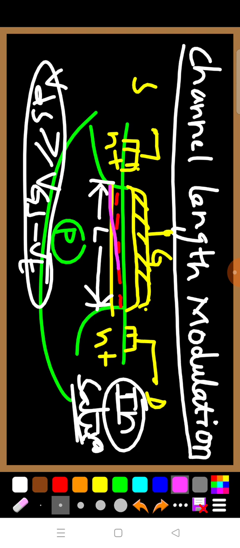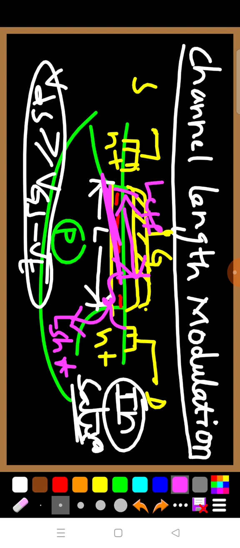Let us consider the pinched off length of the channel is L short. The remaining length of the channel, let us assume, is L effective.